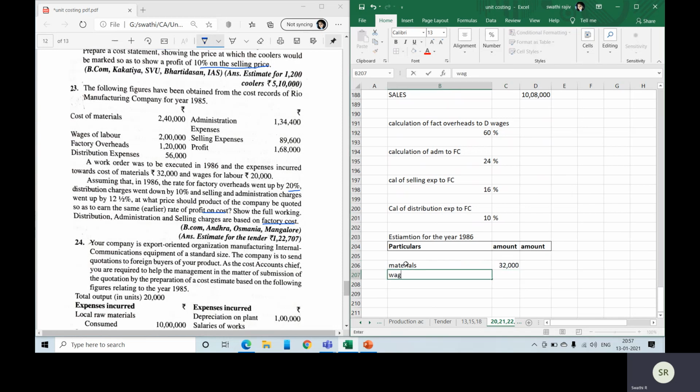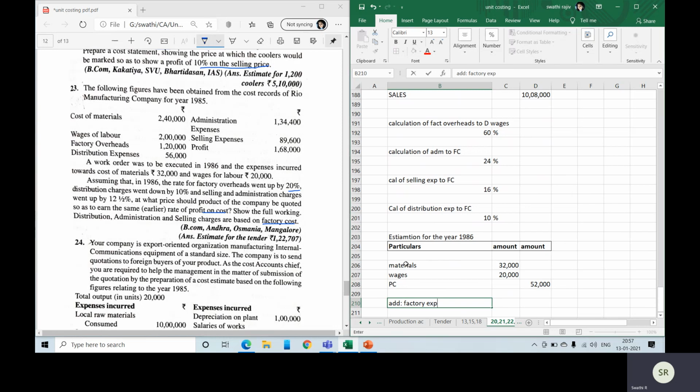Then we have wages as well, given as 20,000. After that we have our prime cost. Prime cost is 52,000.